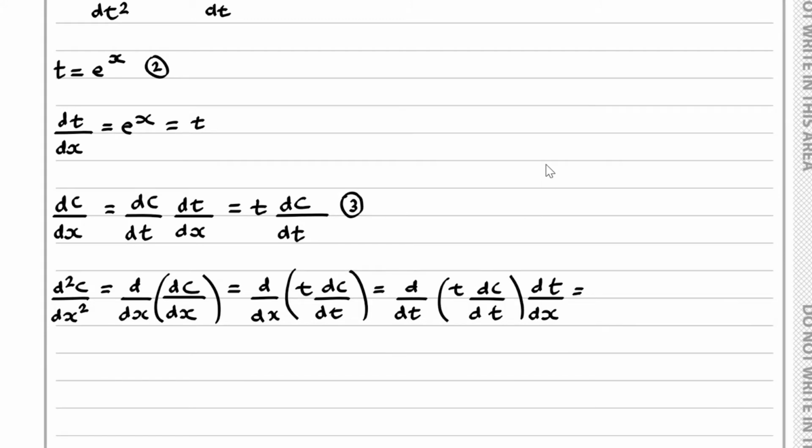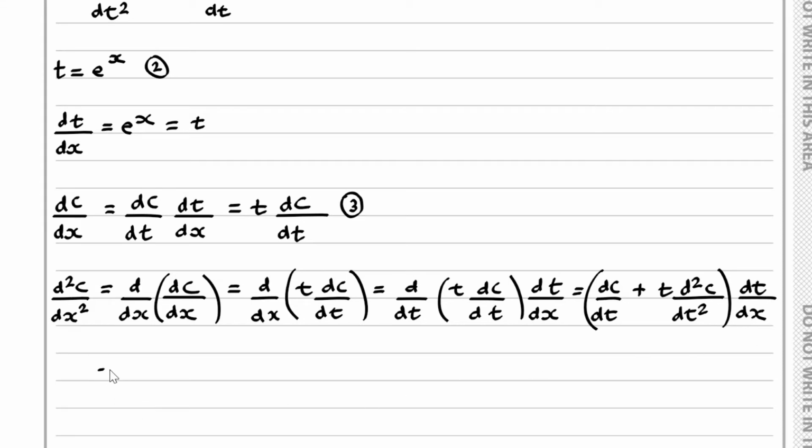So we have v times by u dash, so we have dc over dt times by 1 plus t lots of the derivative of this other term, d squared c over dt squared, and then obviously all of this is multiplied by dt over dx.